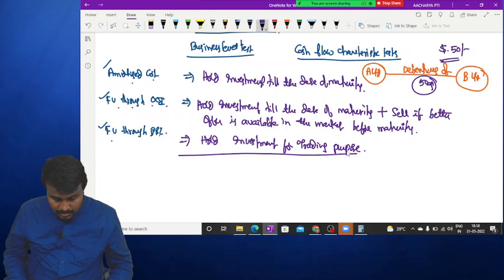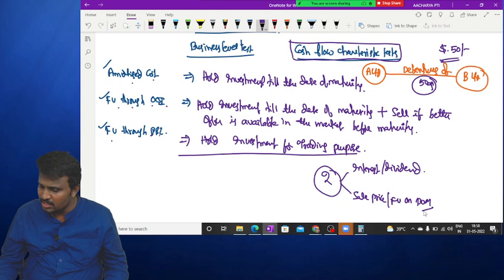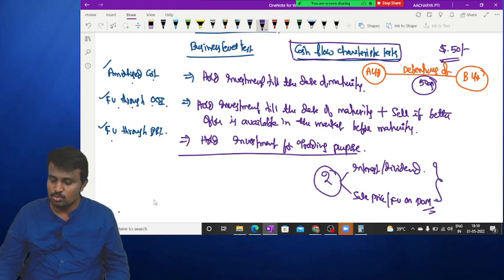In case of redeemable preferences, we expect dividend. And on the date of maturity, the sale price, which we call fair value on the date of maturity. So these two are the cash flows relating to the respective instrument.